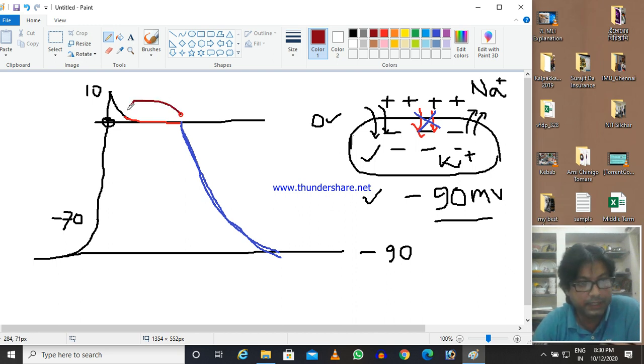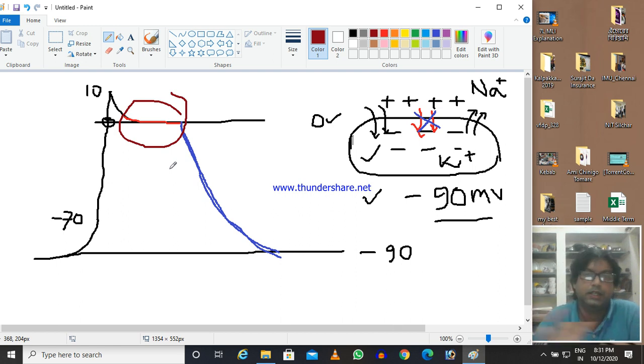And in the plateau phase, the cell becomes neutralized for some time, and this is a calcium ion dependent event. So with this phenomenon only, your ECG works.